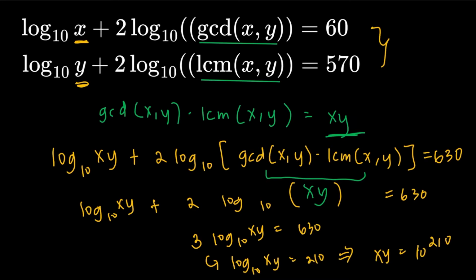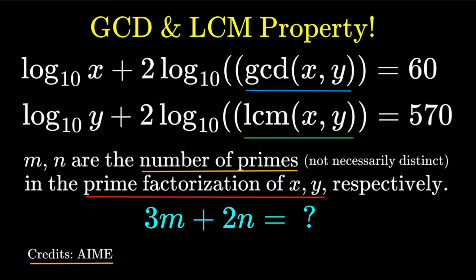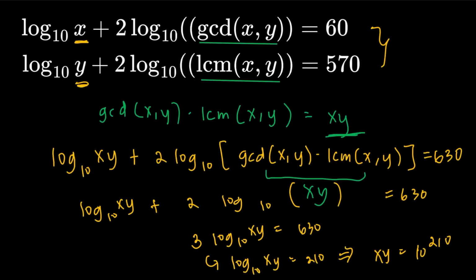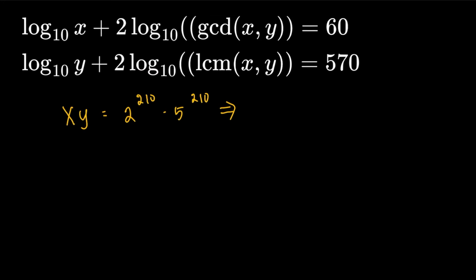But aside from that, since the question asks something about the prime factorization of x and y, the fact that xy is 10 raised to 210 does give us a lot of information, because 10 raised to 210 can be written as 2 raised to 210 times 5 raised to 210.